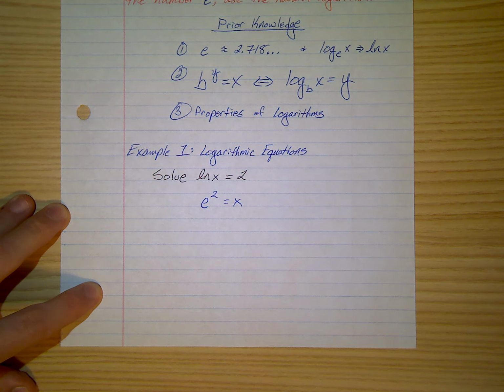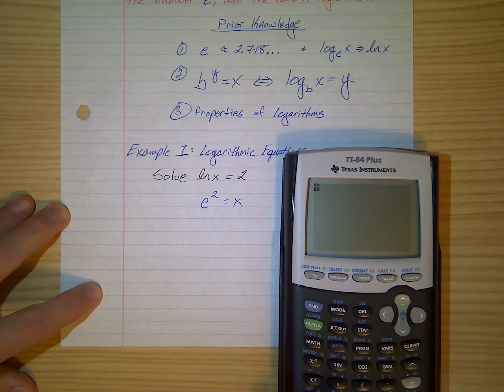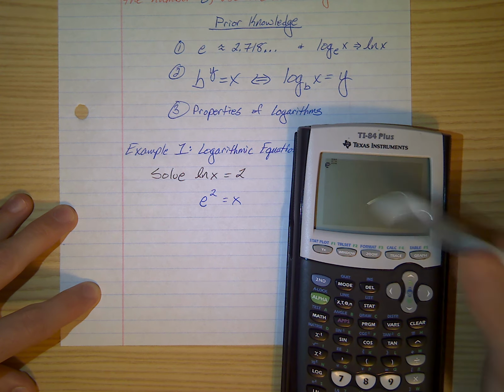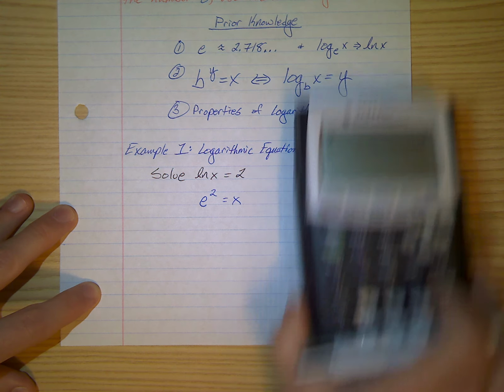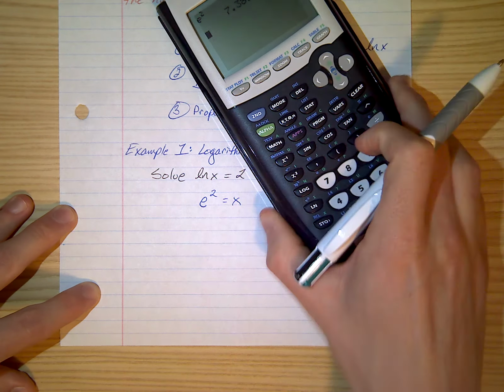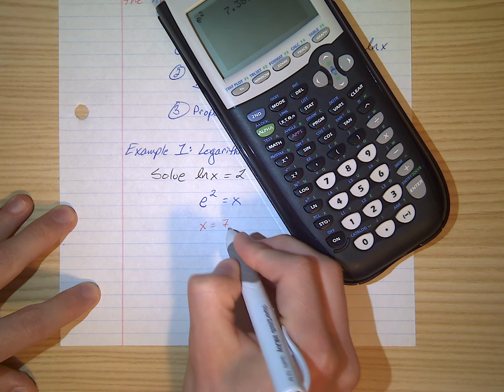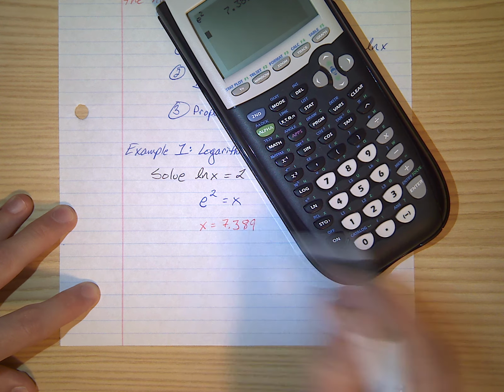Well, that's easy enough to evaluate. x is already by itself, so just press second and then the natural log button, which brings up the e command. Mine already raises it up to an exponent, so you just type in squared. And again, round these to 3 decimal places, so 7.389.